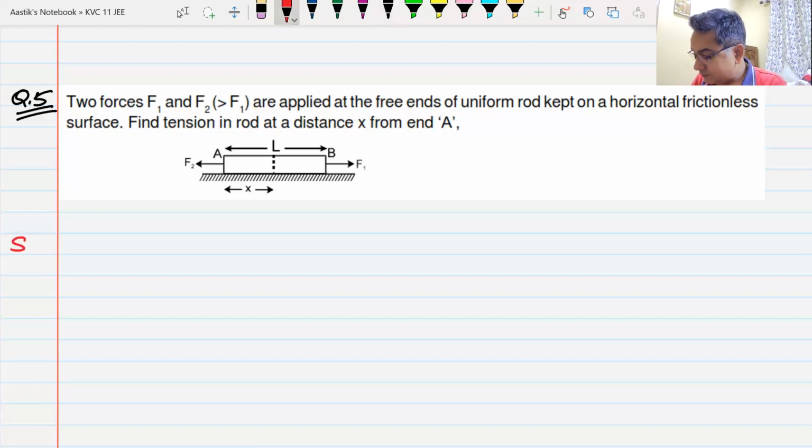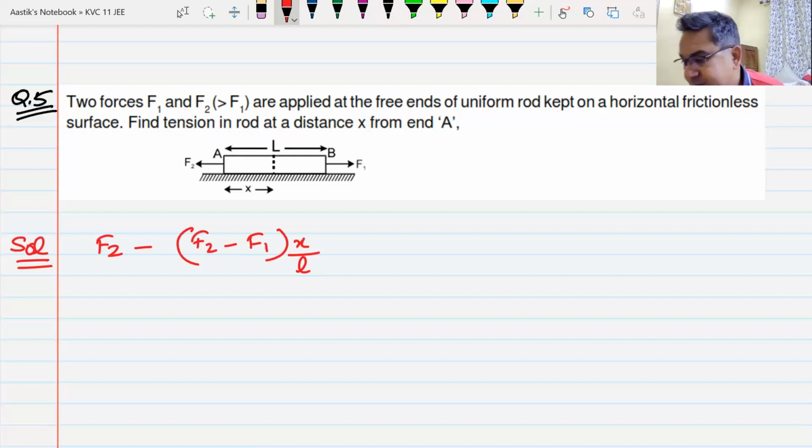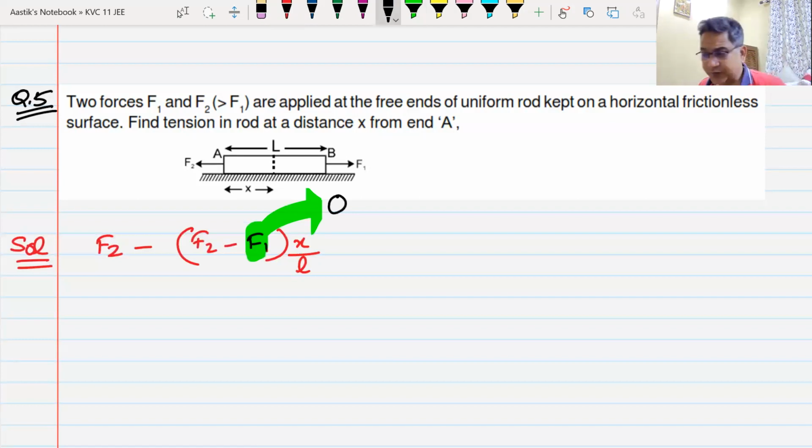So the answer is, remember the answer? The answer is F2 minus F1 multiplied by x and divided by L. Now, if you put this F1 as 0, you will get your previous answer.